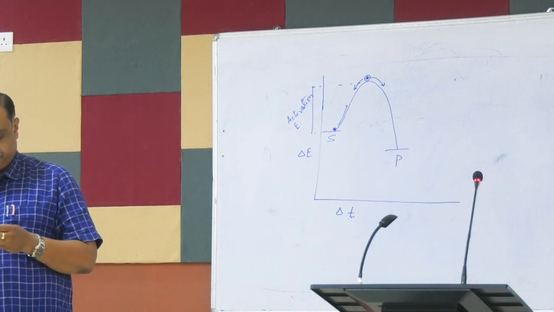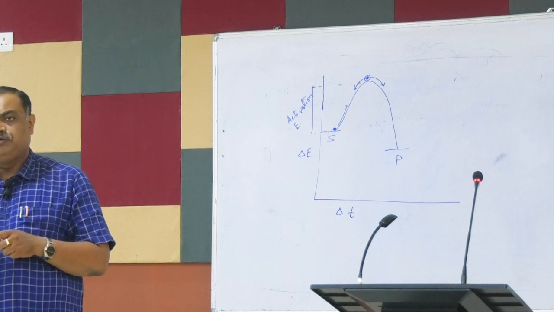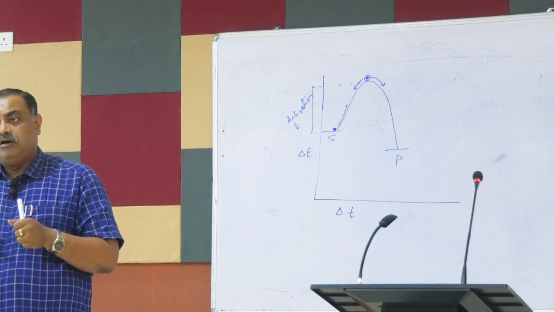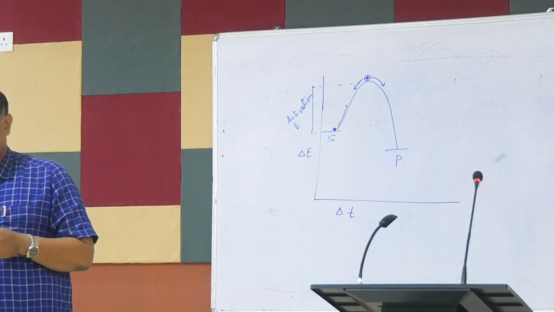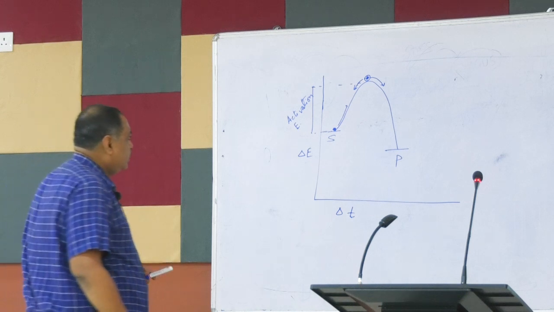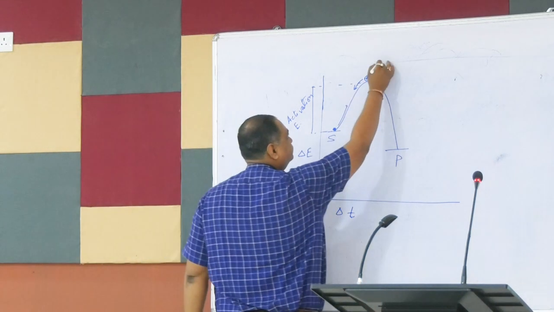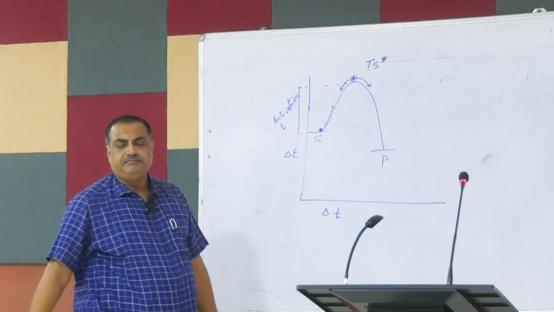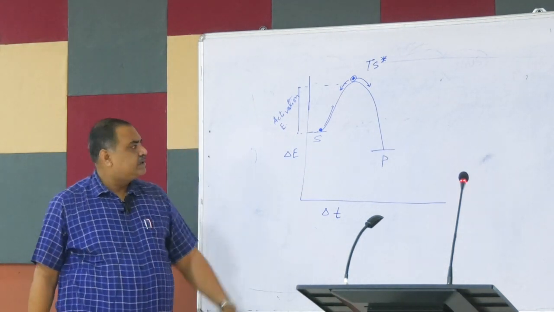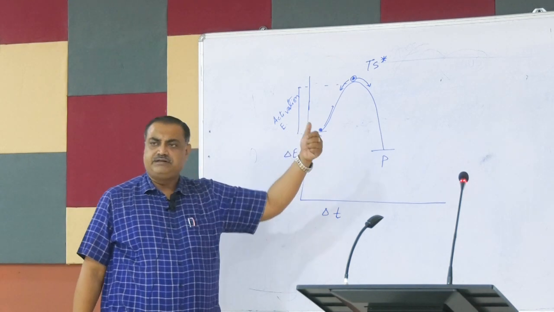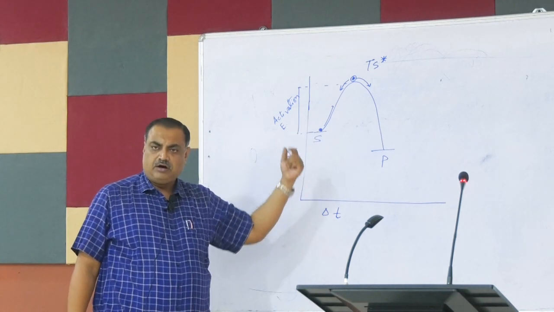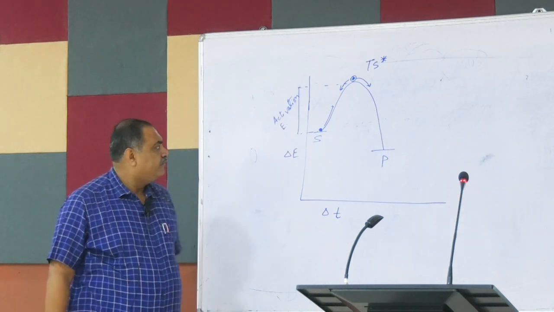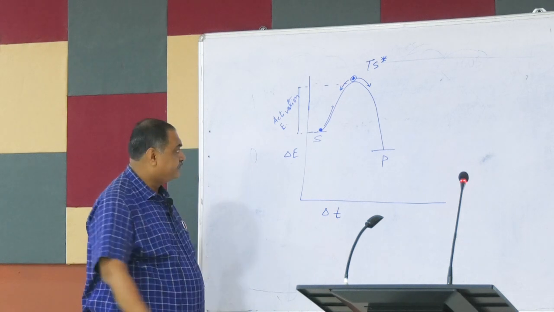It may be in the form of potential energy, or kinetic energy, or heat energy converted into kinetic energy. Correct? Now at this point it is called the transition state, meaning the substrate can go in either direction, to form back substrate or to form product. This is called the transition state for the reaction.